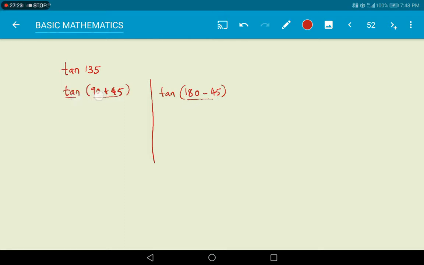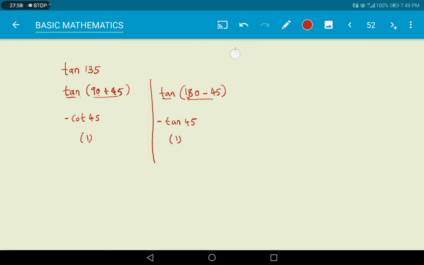So with 90, the function changes, tan becomes cot, and in the second quadrant the tan function is negative, minus cot 45. Next, with tan 180, no change in the function, tan itself, but in the second quadrant tan is negative, so minus tan 45. So cot 45 is 1, tan 45 is also 1.